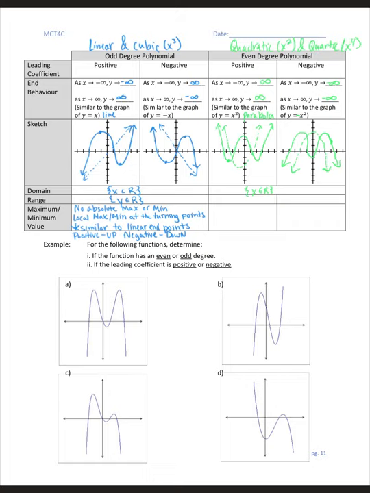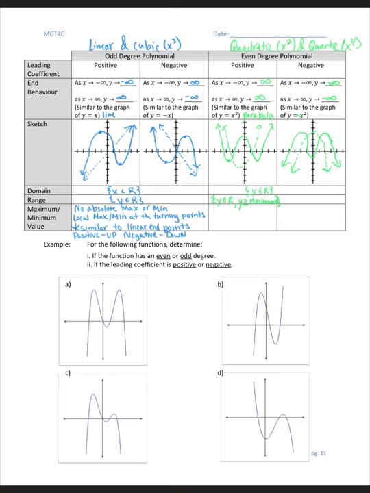We're not sure exactly where they are, but our y values, or our range, can't go any more below those. Our range is going to be from those minimums up. So we'd say that our range for a positive even degree polynomial is going to be y for all real numbers such that y is greater than or equal to the minimum.